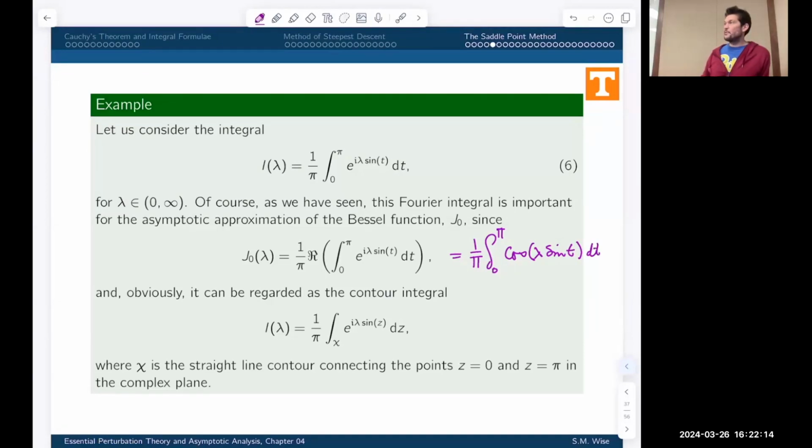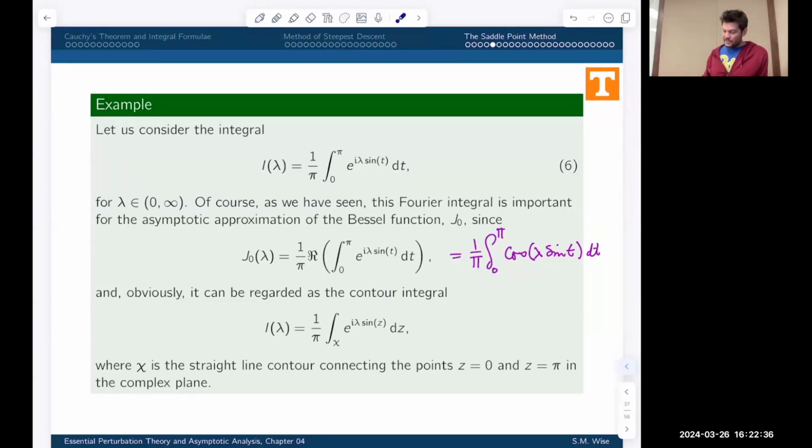Okay, that's just the real part. If I take the real part of this, this is exactly what I get. So now if I can understand the asymptotic expansion of this guy, then I can find an asymptotic expansion of that just by disregarding the complex parts.